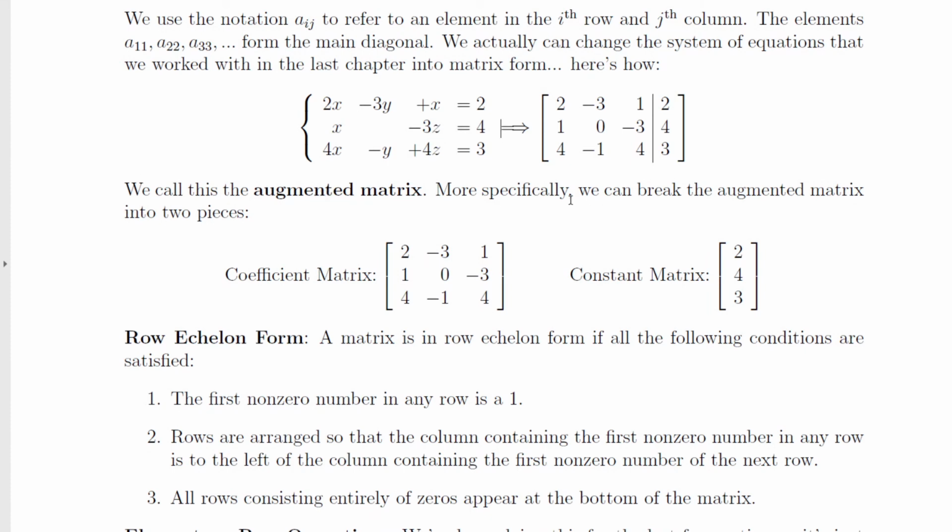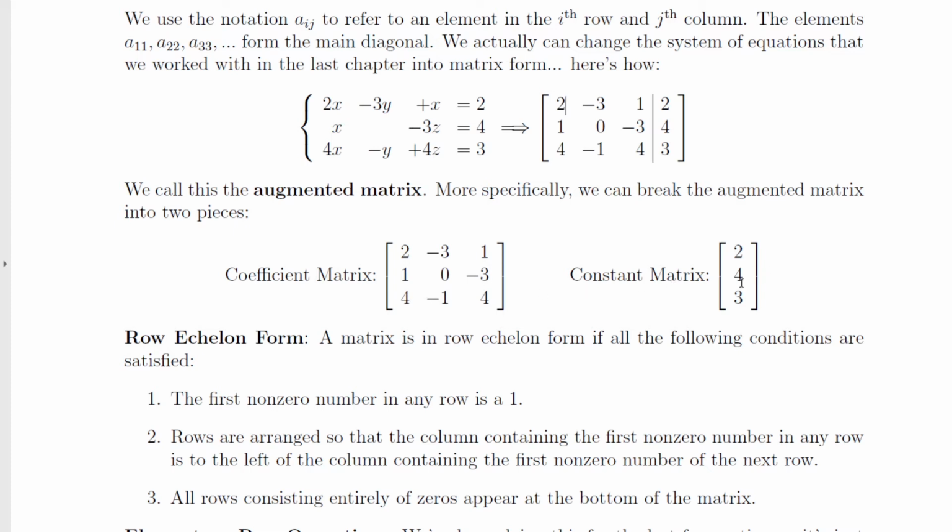We can actually split that into two separate pieces. There's a coefficient matrix, so it's just the numbers that sit in front of those variables. So if you look at this augmented matrix right here, the numbers in the first 3 columns are what our coefficient matrix is.